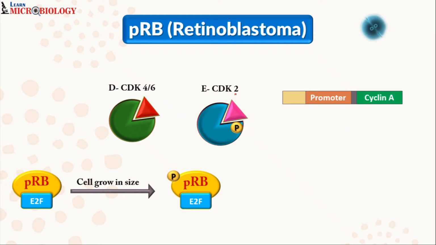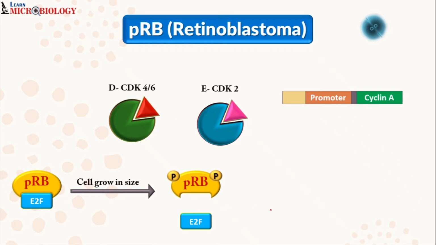Now this G1/S cyclin is again going to transfer its phosphate to this molecule, and now we can see over here our pRB molecule got phosphorylated and now it became inactive. Once it became inactive, it can no longer hold your E2F and your E2F is released.